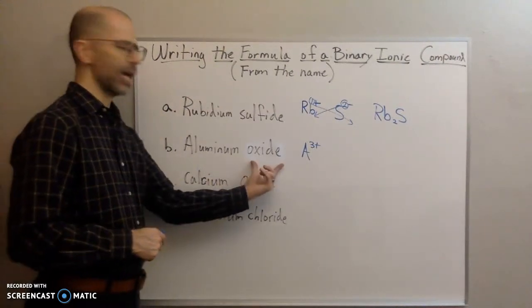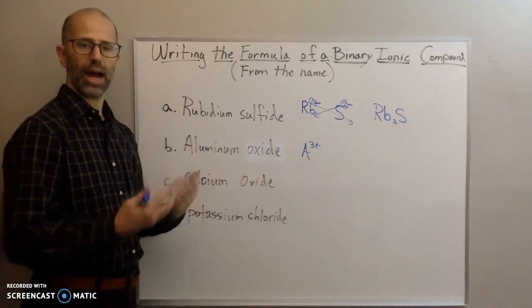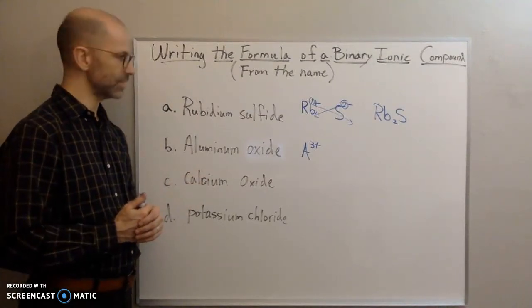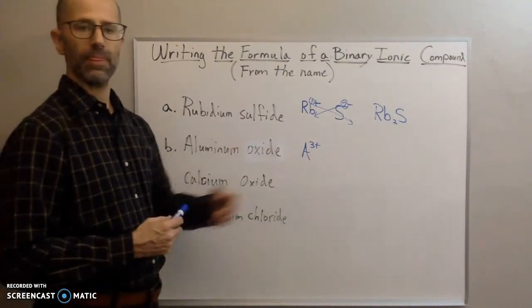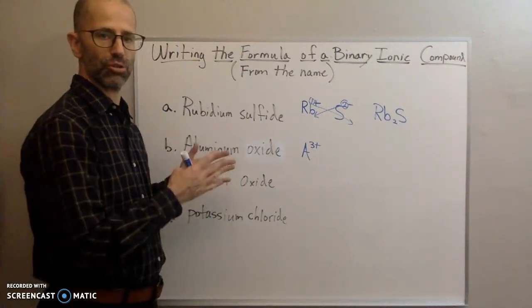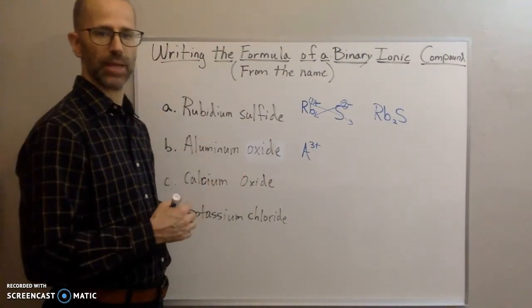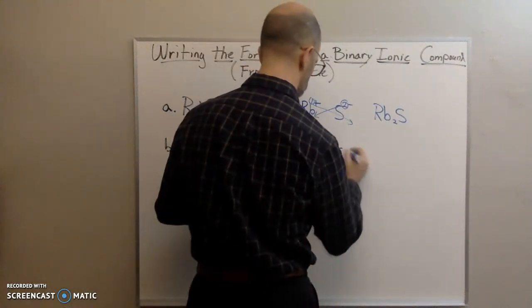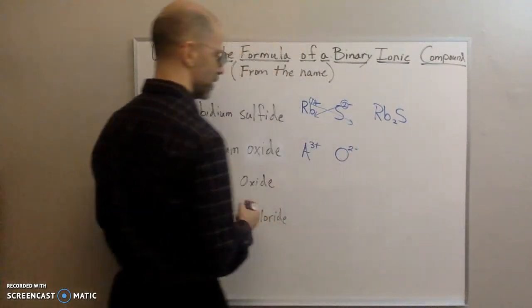And now we have oxide. Oxide comes from oxygen. Oxygen is in group 6, so that's going to be a -2 charge, because the group number minus 8, 6 minus 8, is -2. So that's going to be O2-.